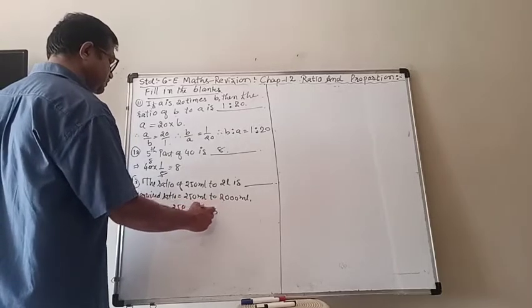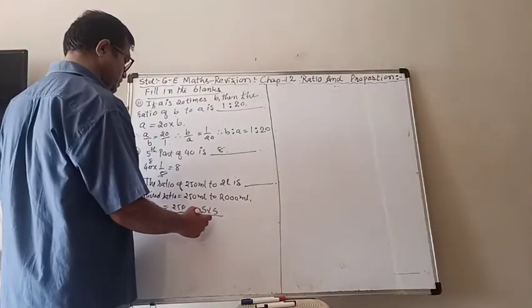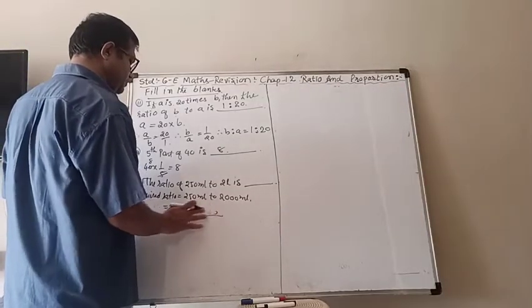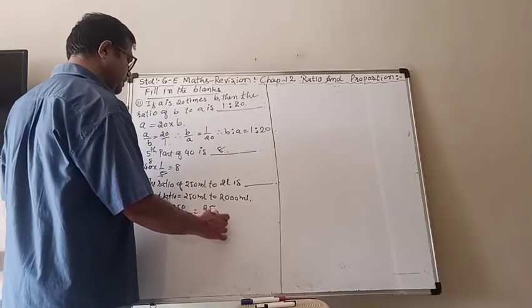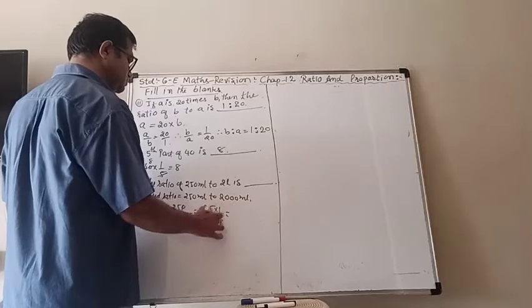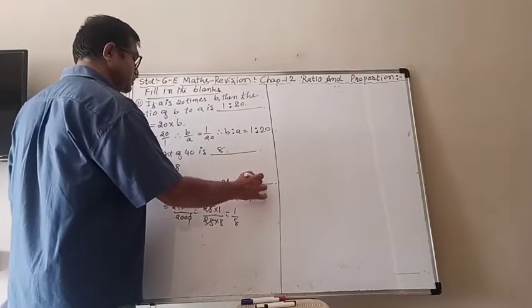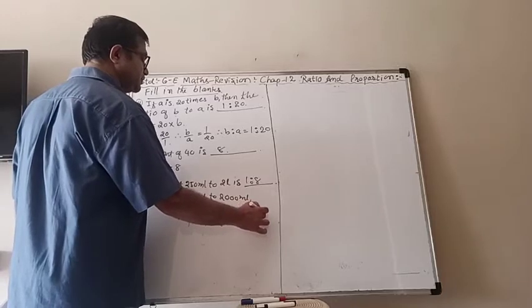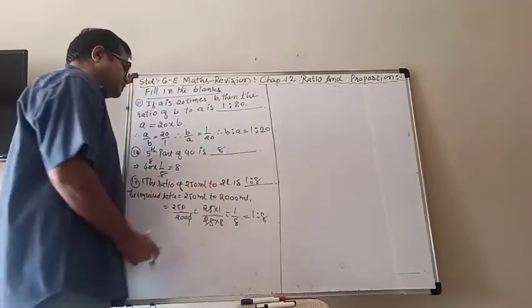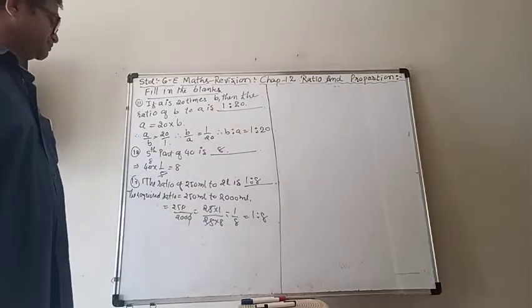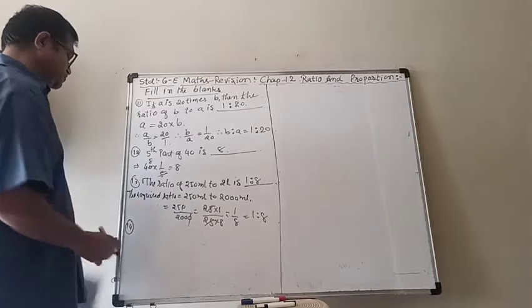So 5 5s are 25, or you can keep 25 as it is, and 25 8s are 200. So 1 upon 8, so the answer is 1:8. So first of all, the liters must be converted into milliliter. Then we have to find the required ratio.